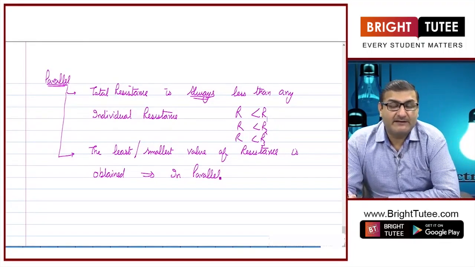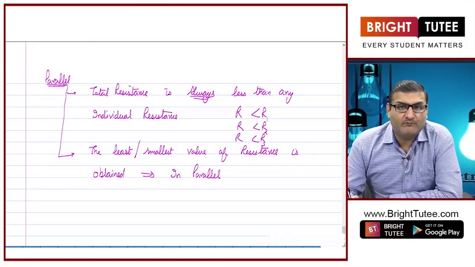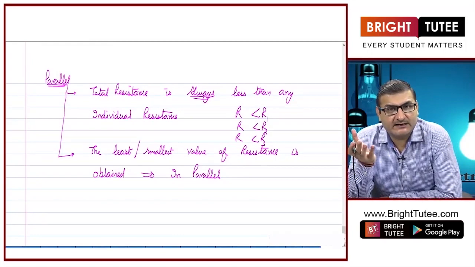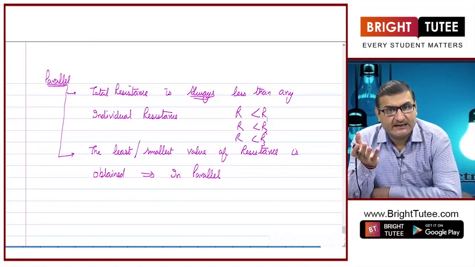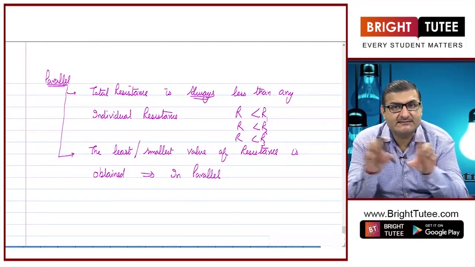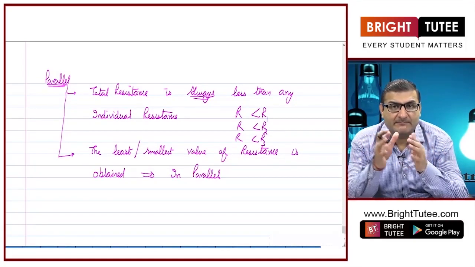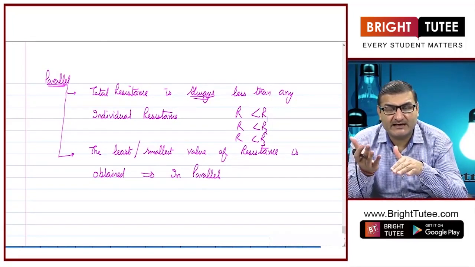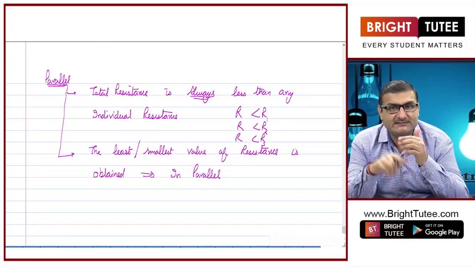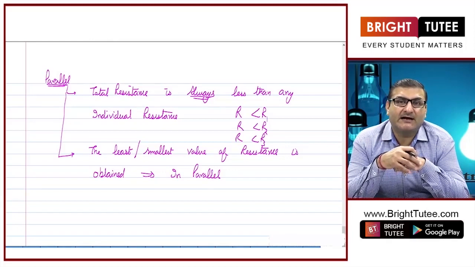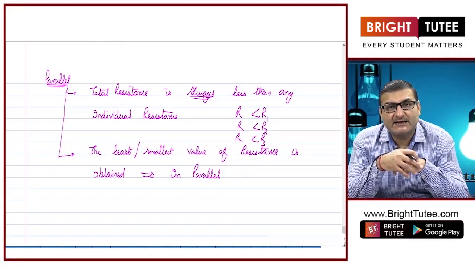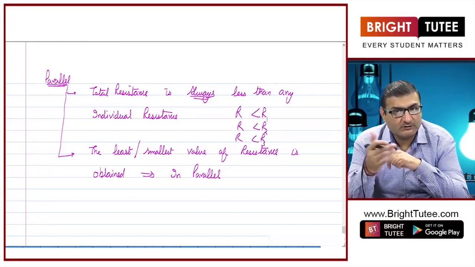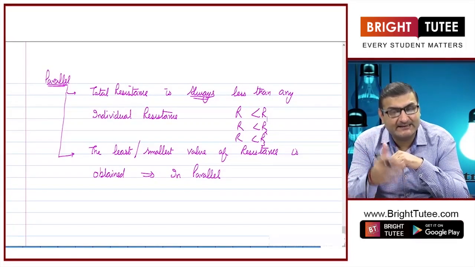So, now very important conclusion, if you want to increase the resistance of a circuit, right, then combine the resistances in series, because by that way the resistance will increase. Whereas, if you want to decrease the resistance of the total circuit, combine the resistances in parallel combinations, because this is how the total resistance will always decrease.